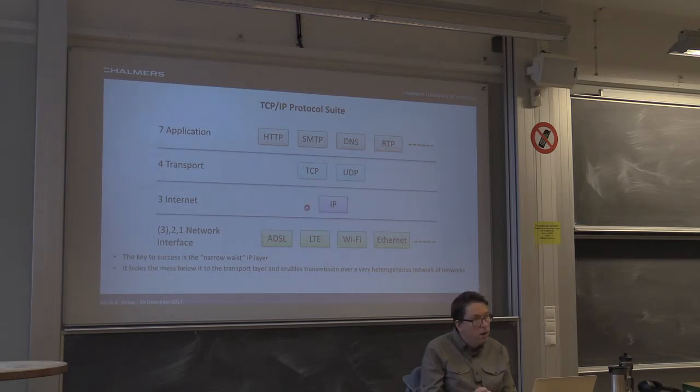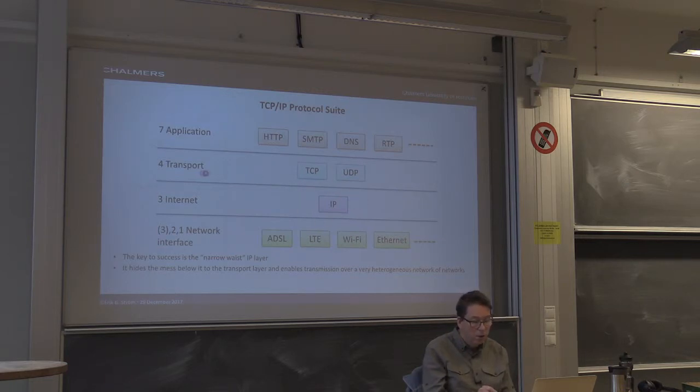The IP layer provides connectivity over these networks. Then the transport layer can use IP to transmit between hosts. These hosts can be connected to different networks or the same network, doesn't matter. IP takes care of everything here.